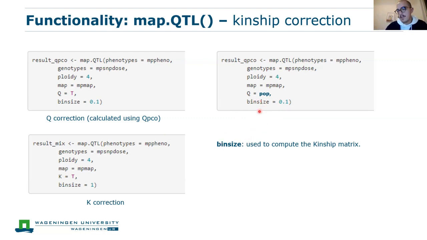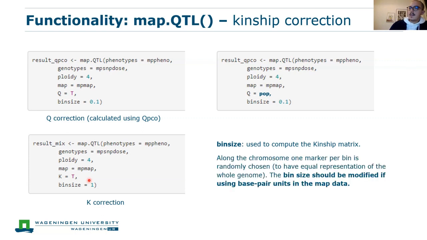If you give a map in centimorgans, this bin size should be a number in centimorgans. Somewhere between 1 and 0.1 gives okay results in my experience. If you use base pairs, then give bin size in base pairs, so something like 1,000 base pairs or 10,000 base pairs, 100,000, it doesn't matter.